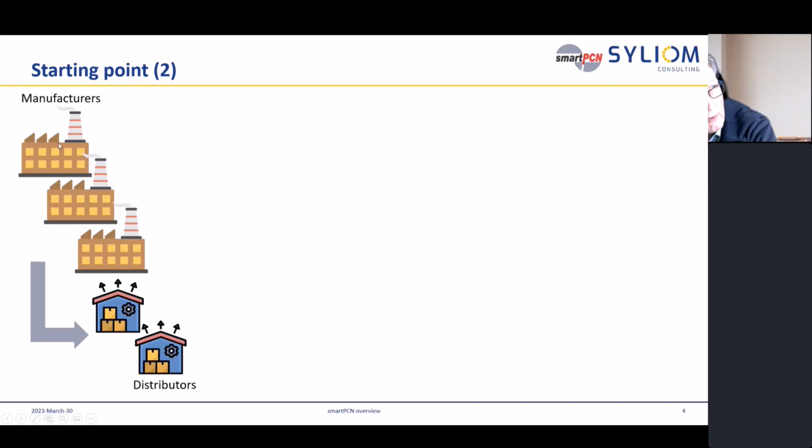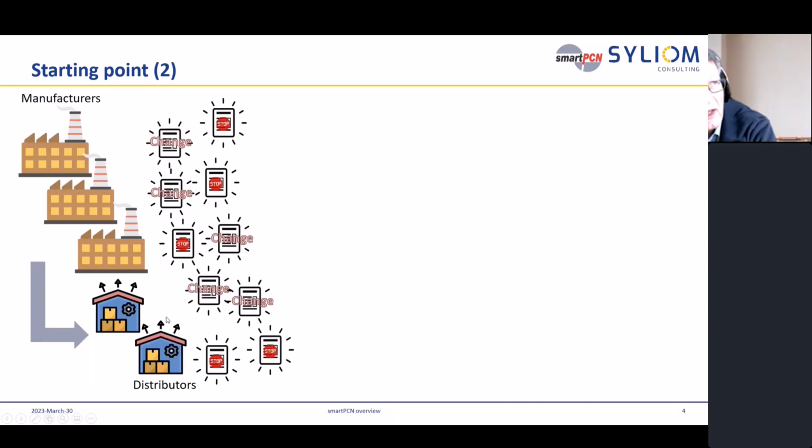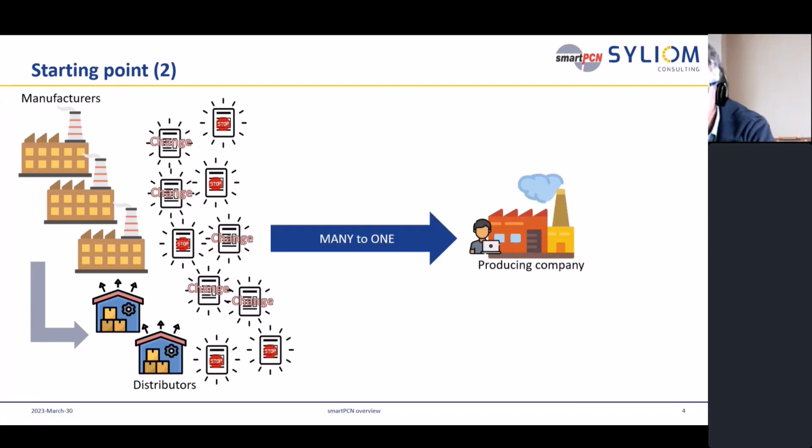All the information that is forwarded from the manufacturers to the distributors is usually sent out as many change and discontinuation notifications to one person. Let's call this person Paul or Anna or another name. And this is the poor person that gets all those PCNs.